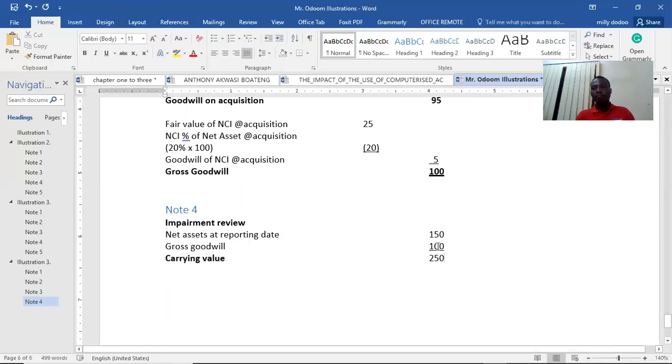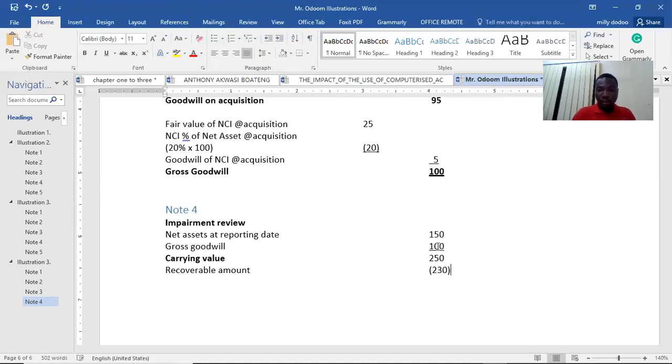Now, what do I need? I need my recoverable amount. So now the value in books is 250. The recoverable amount given in the question is 230. So the business can be salvaged for only 230.